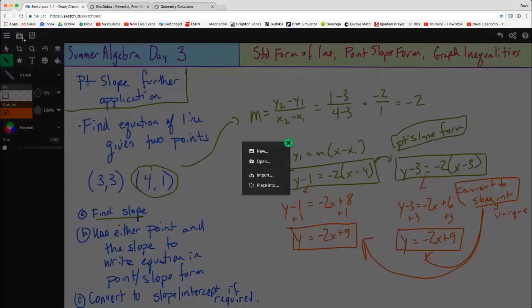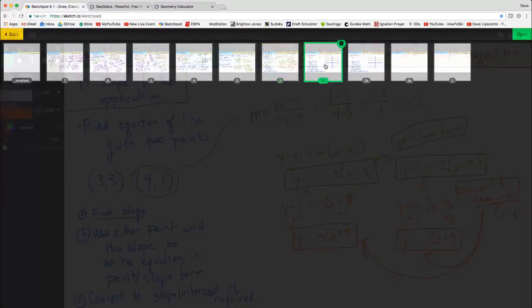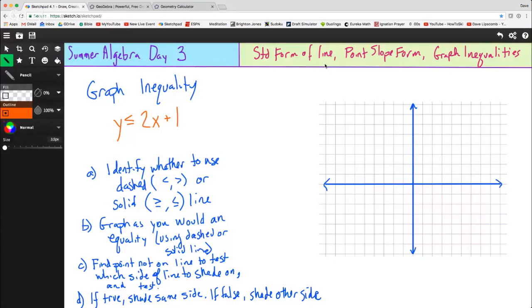Third major topic: graphing an inequality. When you graph an inequality, there are 4 steps, and a lot of these are pretty simple. The first is you identify whether we want a dashed or a solid line. That means whether or not the line is included in the answer.